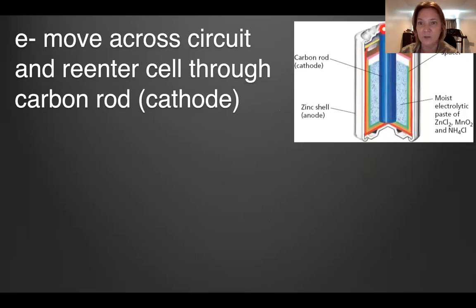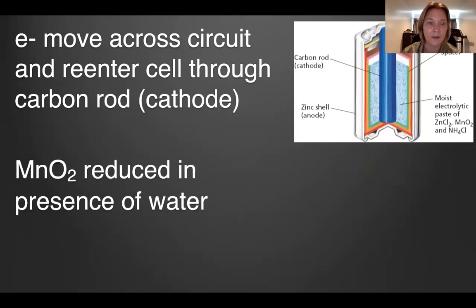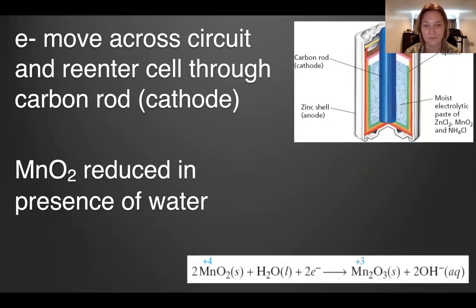That's the positive terminal. The manganese dioxide in the electrolyte paste is reduced in the presence of water. So we have manganese dioxide in the presence of water reduced to Mn2O3 and hydroxide.